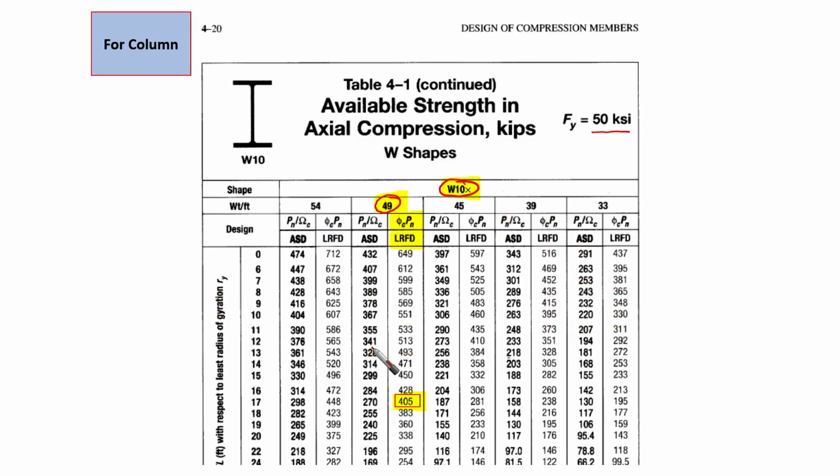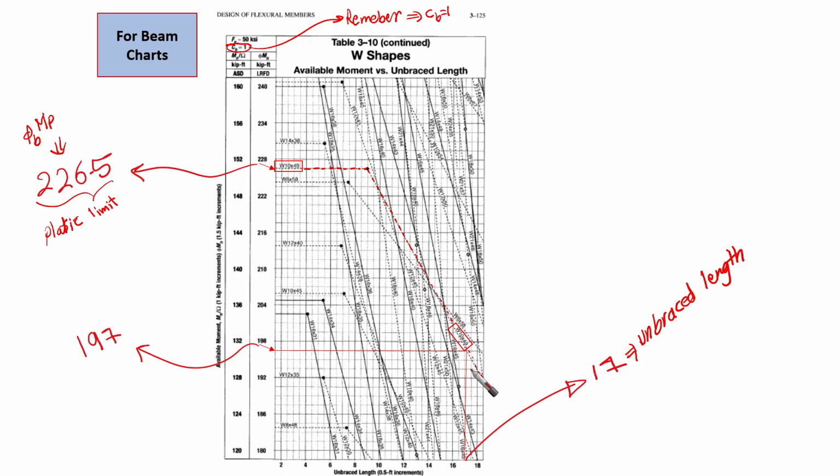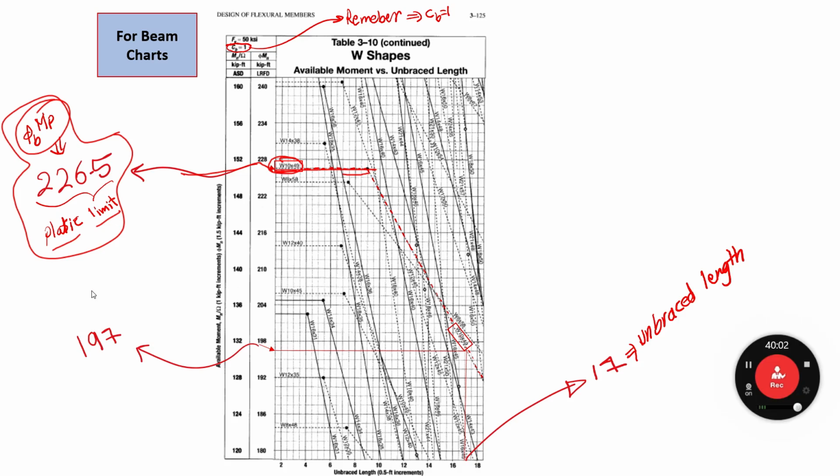If you go back to the beam charts, for the same dashed line here, we're going to find the horizontal line for our section. Look at it, you're going to find exactly 226.5. This is the plastic limit, phi p.